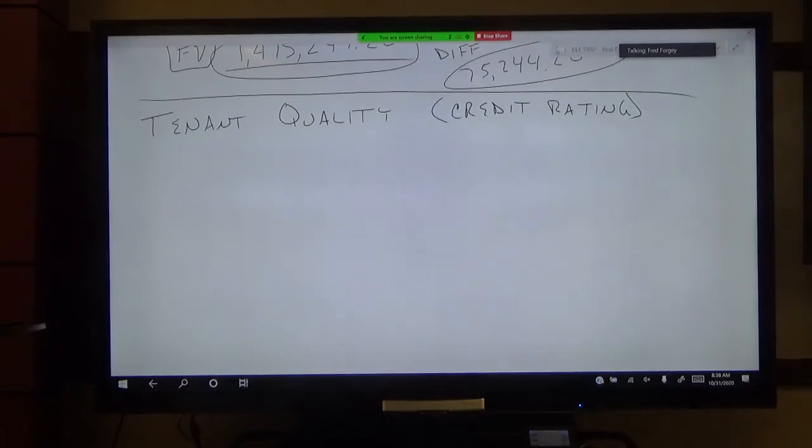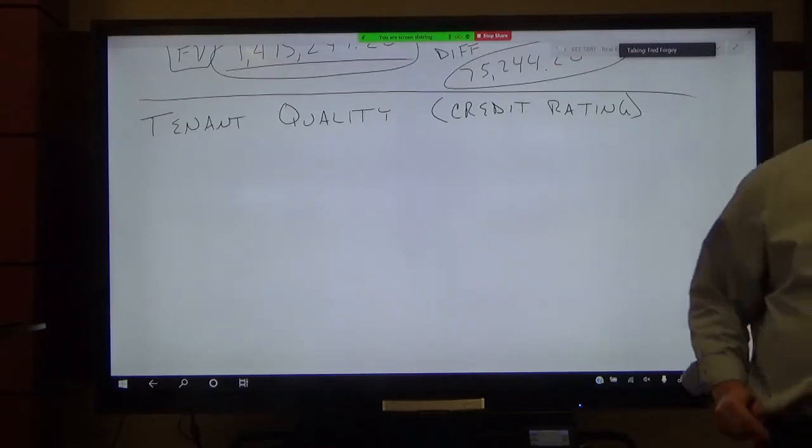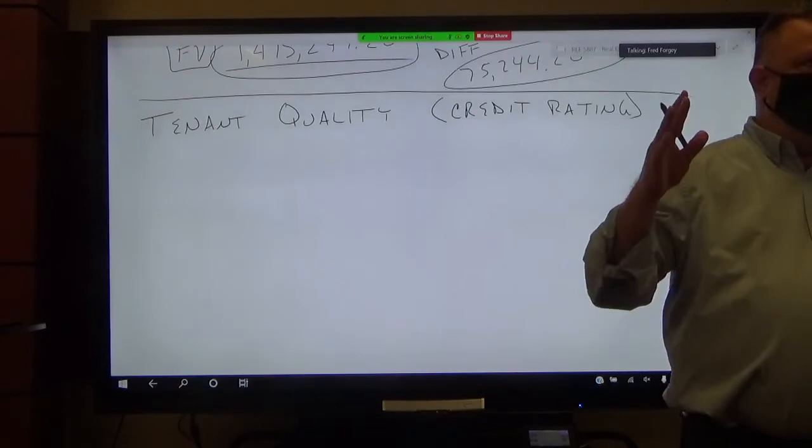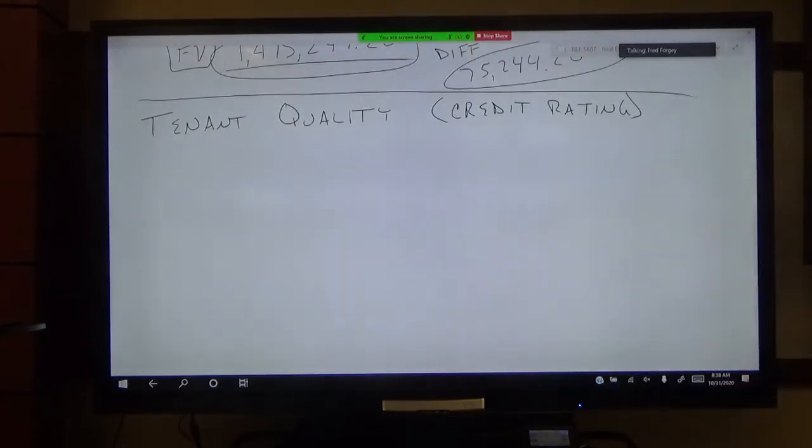And why does it matter? Well, one of the interesting things that I have seen, whether it's out there in the open or more discussed behind closed doors on the lender side, is as it relates to tenant quality.